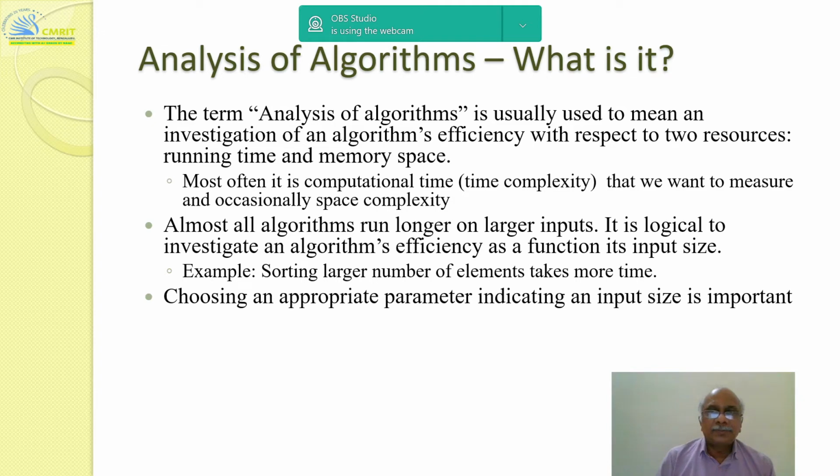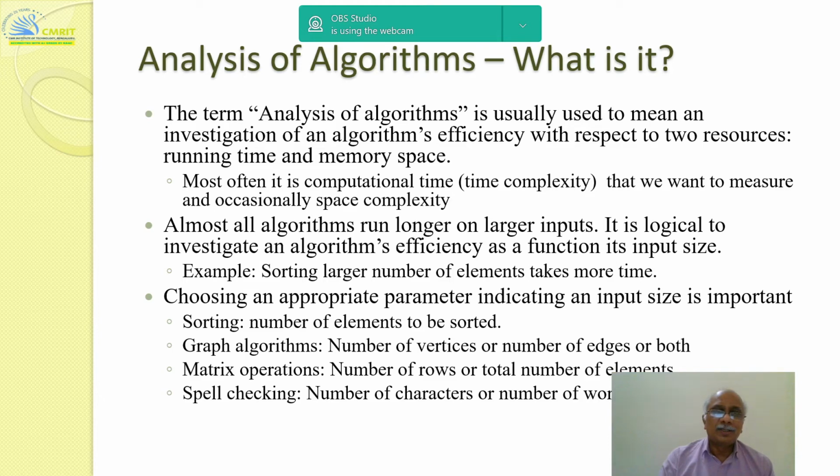Now, choosing an appropriate input size is important. So, what do you consider as input? In the case of a sorting algorithm, the number of elements to be sorted is its size. In the case of graph algorithms, it could be the number of vertices, or the number of edges, or a combination of both.